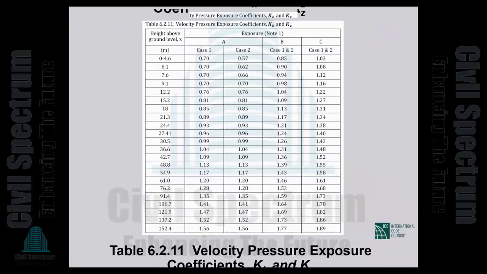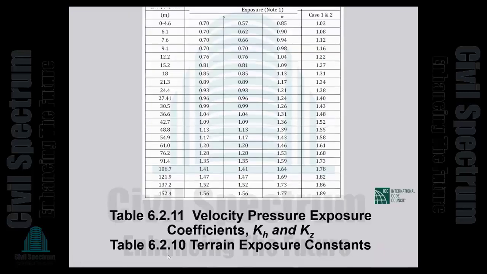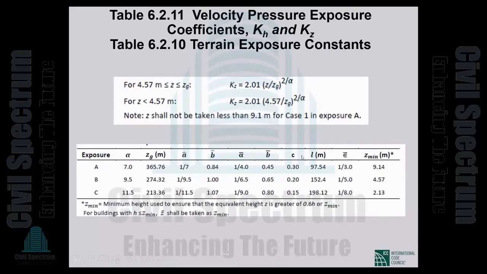The table goes up to 500 feet, 152.4 meters. If you have a taller building, you find your K sub Z and K sub H from these expressions. And to use these expressions, you will need Z sub G, the gradient height, and the alpha, which we talked about already.